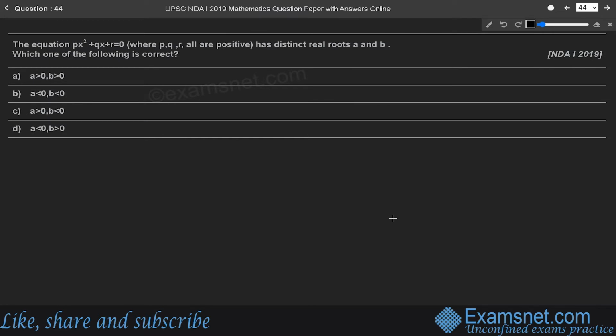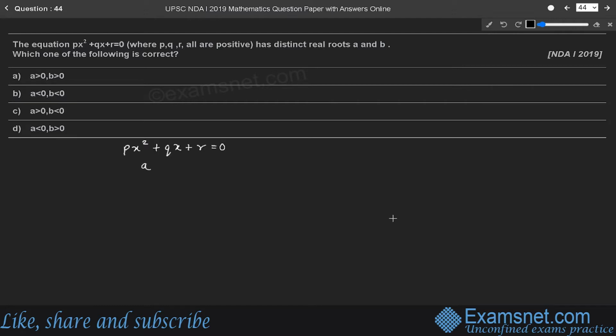Next question is, the equation px square plus qx plus r is equal to 0, where p, q and r are all positive, has distinct real roots a and b. Which one of the following is correct? It is given in the question that a and b are the distinct real roots.